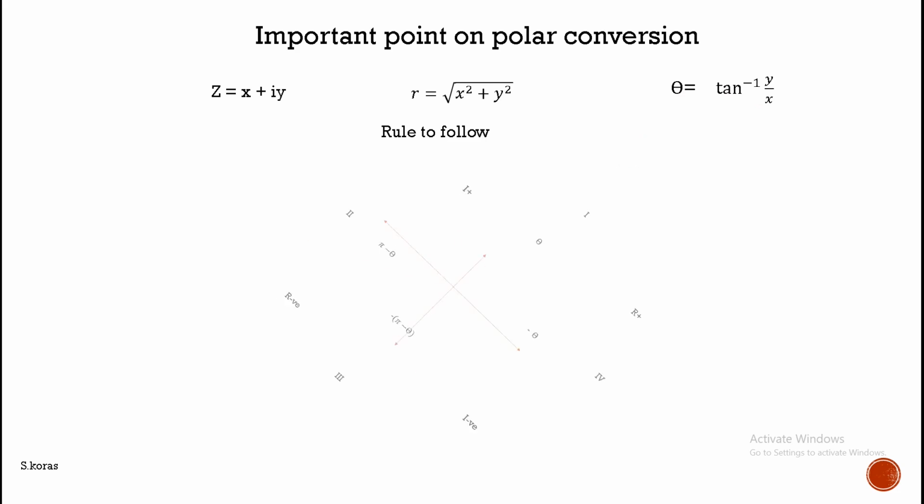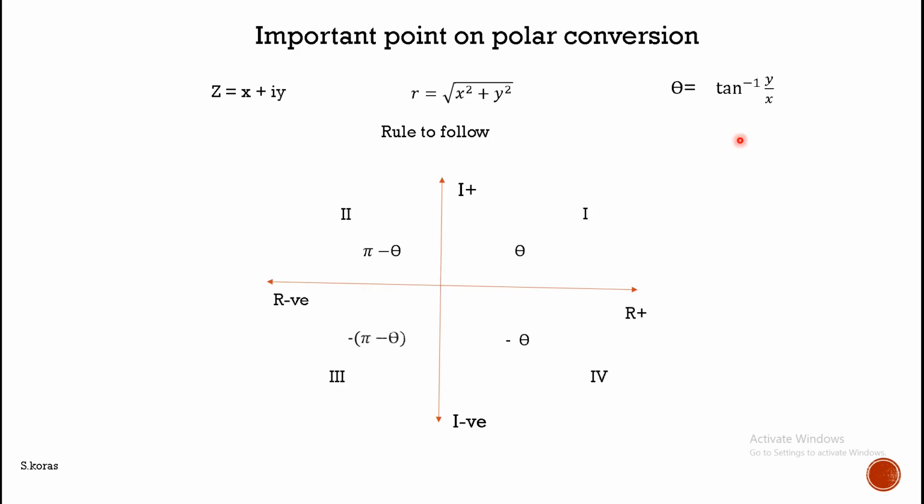Right. How to convert it? Here are the rules. First, try to mark where this complex number lies, whether in the first quadrant or in the second quadrant or in the third quadrant or in the fourth quadrant, by seeing the sign of real part as well as the imaginary part.